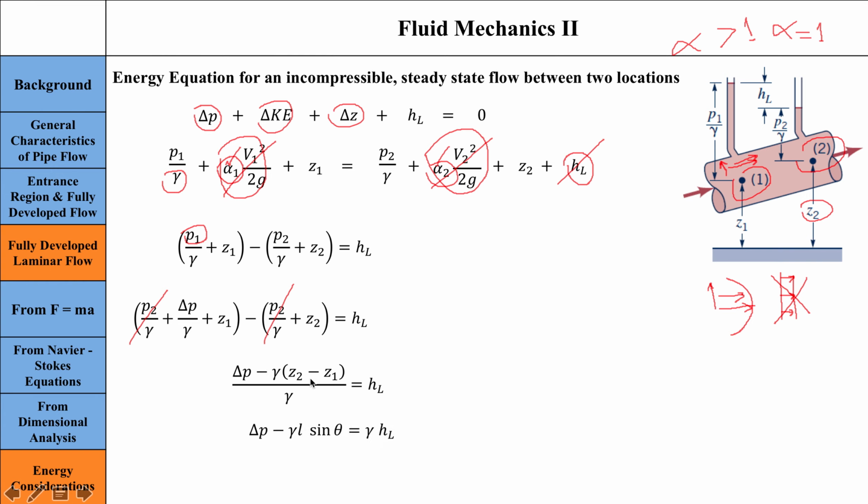So all I need to do now is write what Z2 minus Z1 is going to be equal to, and I can do that as I've already seen when I talked about the non-horizontal flow. Actually, this is why I asked you to remember that equation from earlier, because this is that equation.